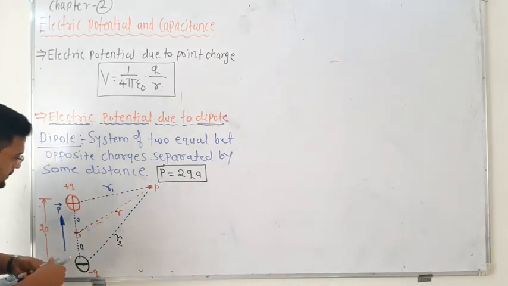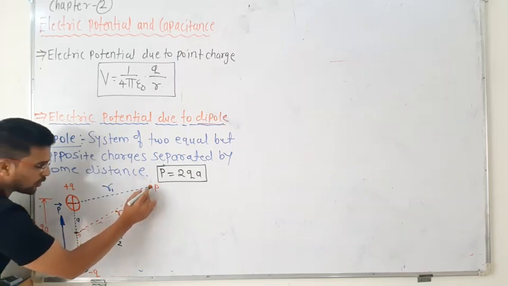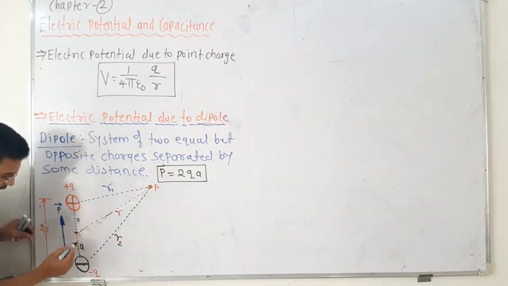The angle between the line which joins the center of the dipole and that point, that means this red line, and the dipole moment.